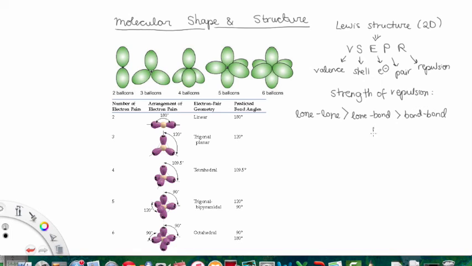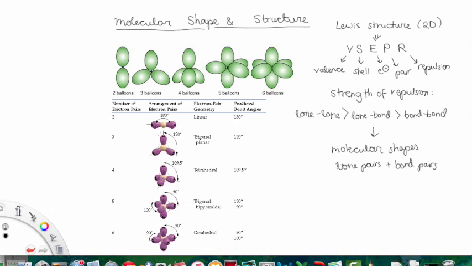From here we get molecular shapes, consisting of the lone pairs as well as the bonding pairs. Then we name the shape of the molecule using the position of the bound atoms, and in this case, we only look at the bonding electron pairs. The VSEPR model explains experimentally observed shapes of molecules.